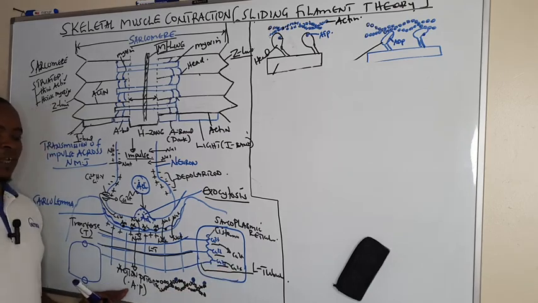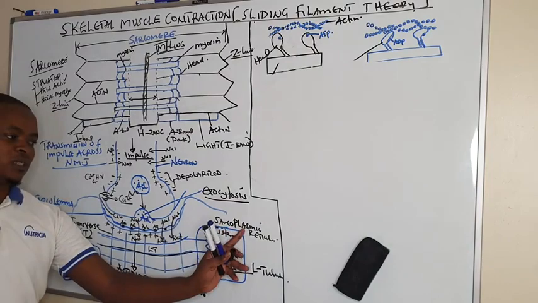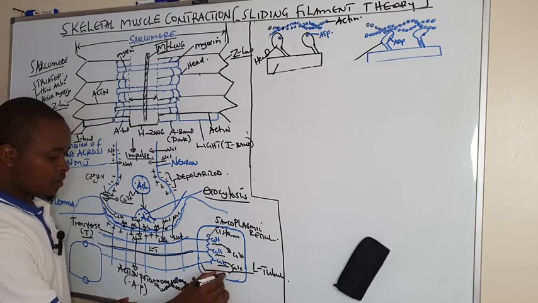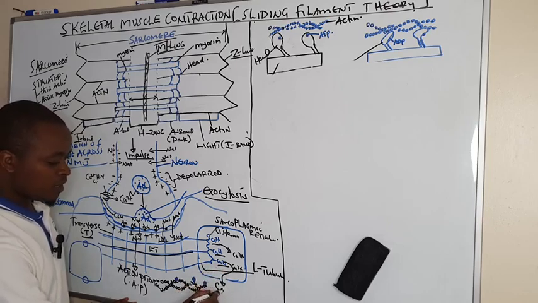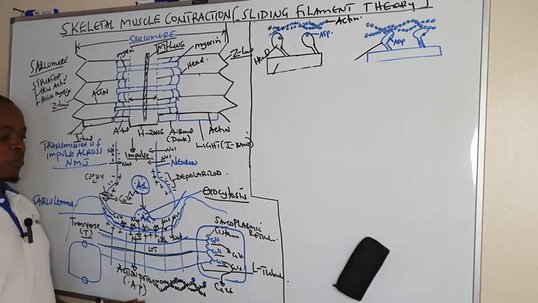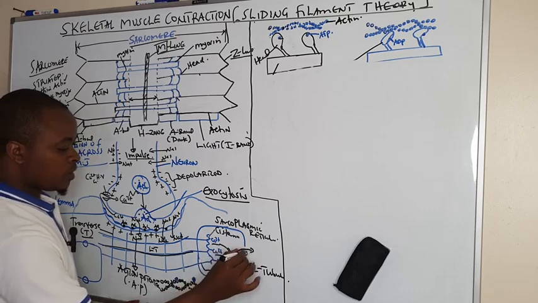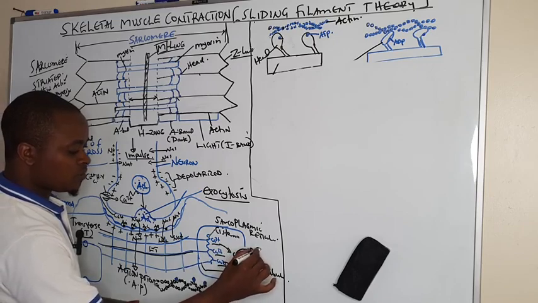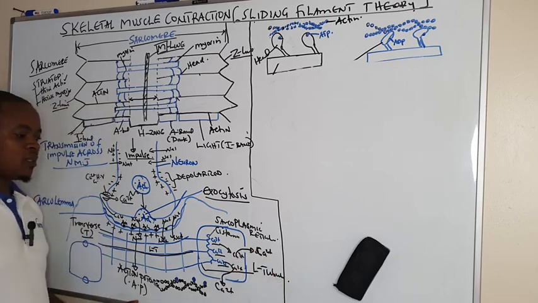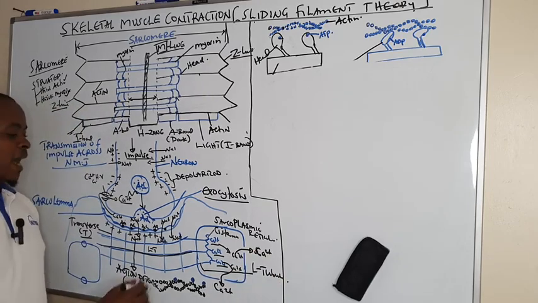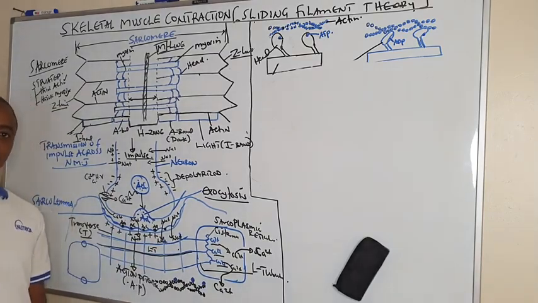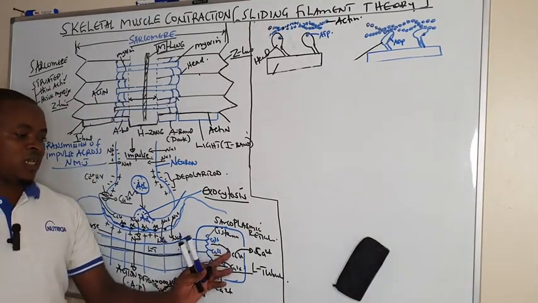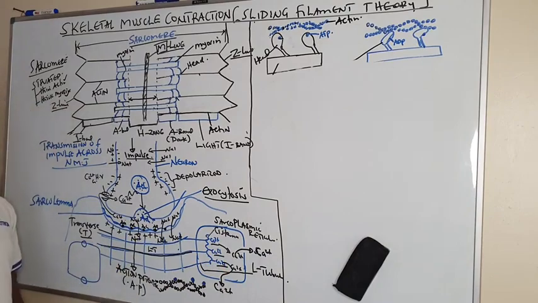So we are seeing release of calcium ions from the sarcoplasmic reticulum into the membrane of the muscle. What has caused the release is the action potential being propagated by the T tubules, which shake the longitudinal tubules.